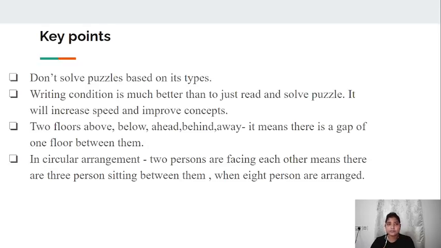These words mean that there is a gap of 1 floor less than what is said in the question. If it says X is 5 floors above Y, that means there is a gap of 4 floors between X and Y, and X will be above Y.